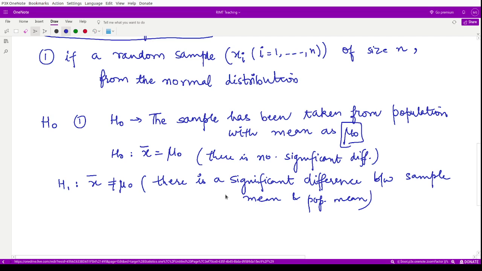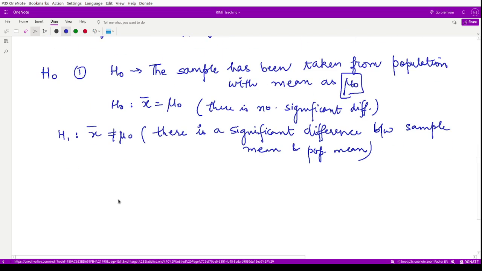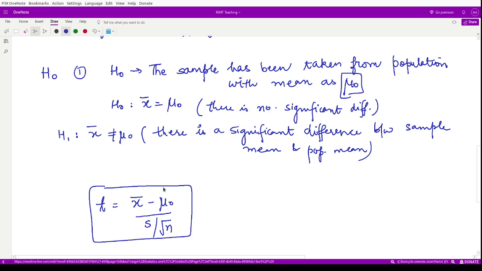So here in this particular case, what would be your t statistic? That is important. So what would be t statistic here? That would be given by x bar minus mu naught divided by s divided by square root n. Again, you may see that this statistic is equal to that of z statistic.